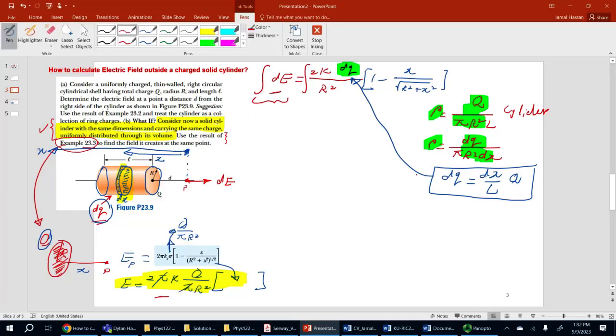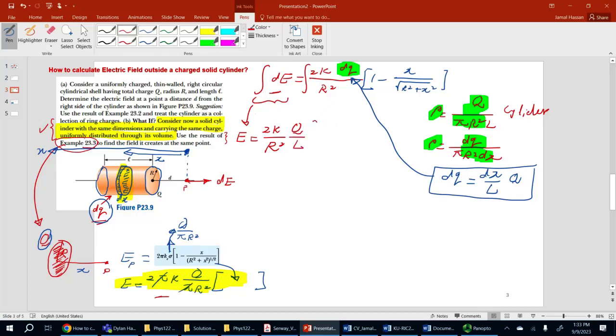Any quantity that I know is constant, I'm going to put outside of the integration. So as we said, the left-hand side of the equation simply is the electric field. The integration of dE is equal to E. So we have the factor of 2, we have k, we have r squared, and if I substitute dQ by dx Q over L, I could move Q outside and L outside.